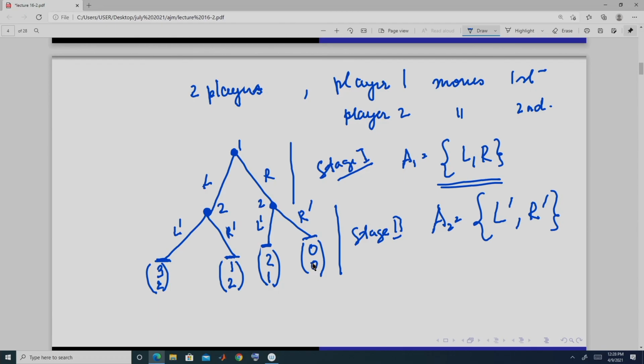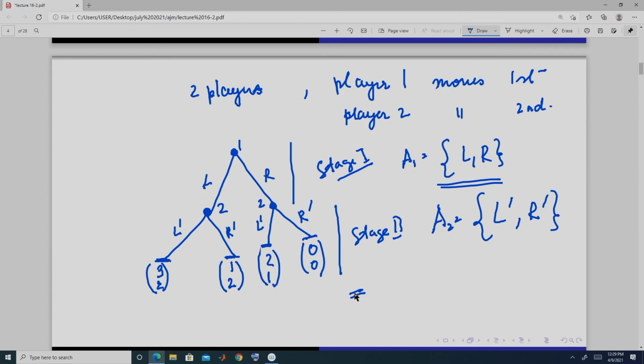These are the end of the game, these nodes are the decision nodes, and these are the edges, and based on the edges we specify how the game is played in sequence. First player 1 will choose, player 2 will observe that, and then player 2 will choose. This is an example of a two-stage game played between two players.